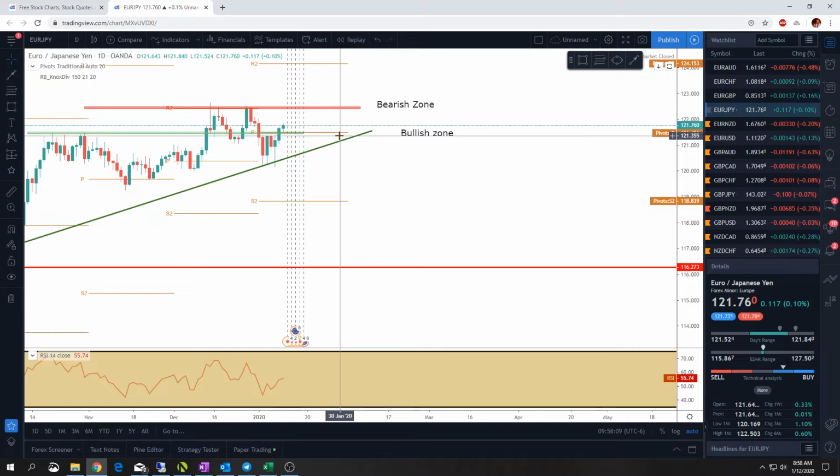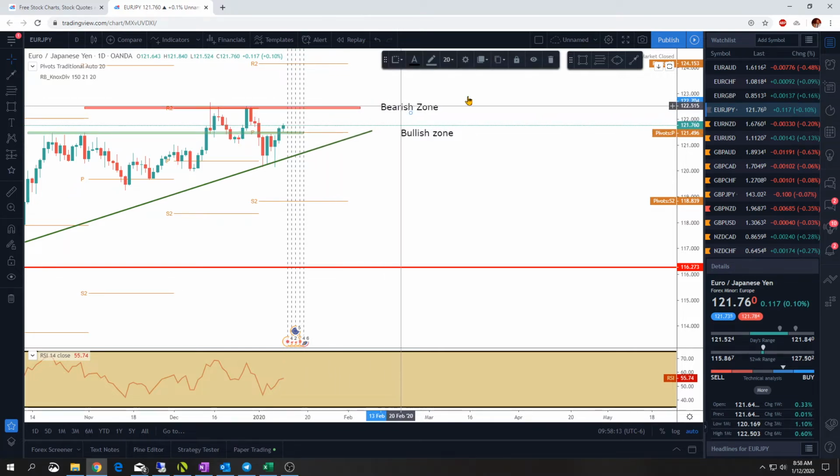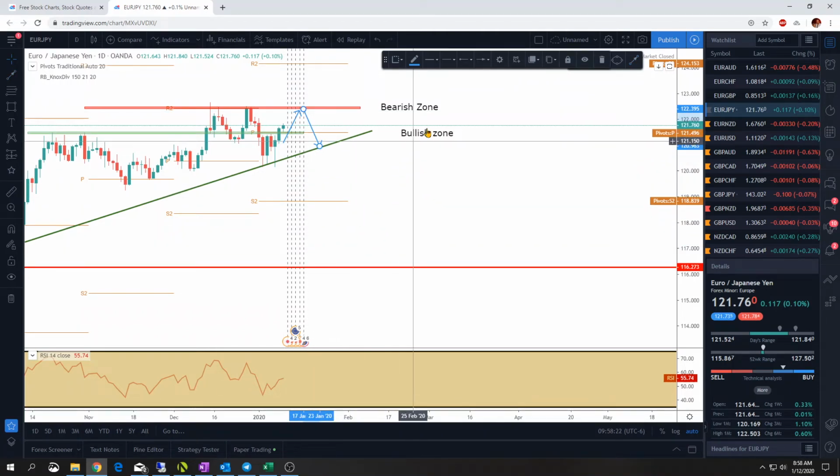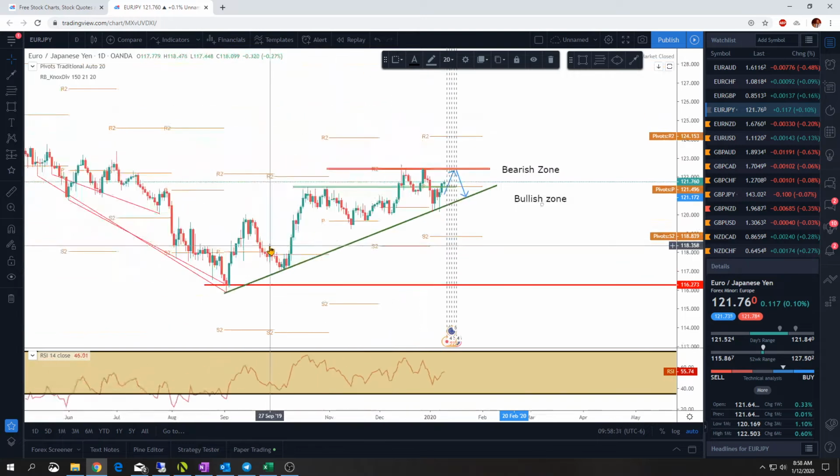It's above last week's pivot, so I'd expect price to get back up to our bearish zone, and that's where we're going to take a sell trade from. And I like it at least back down to that trend line. We're going to look to see if we get a break of that trend line. And if we get a break of that trend line, man, we got some really good downside. But we're starting to see a really strong resistance. That's why our bearish zone is right there.